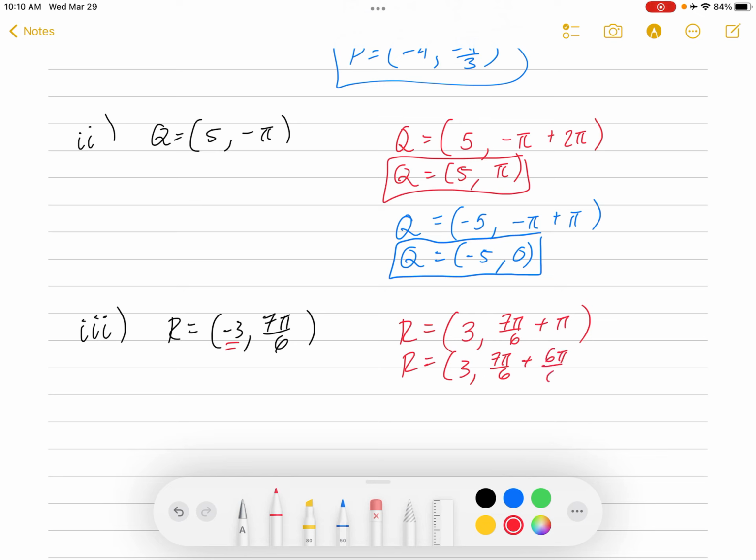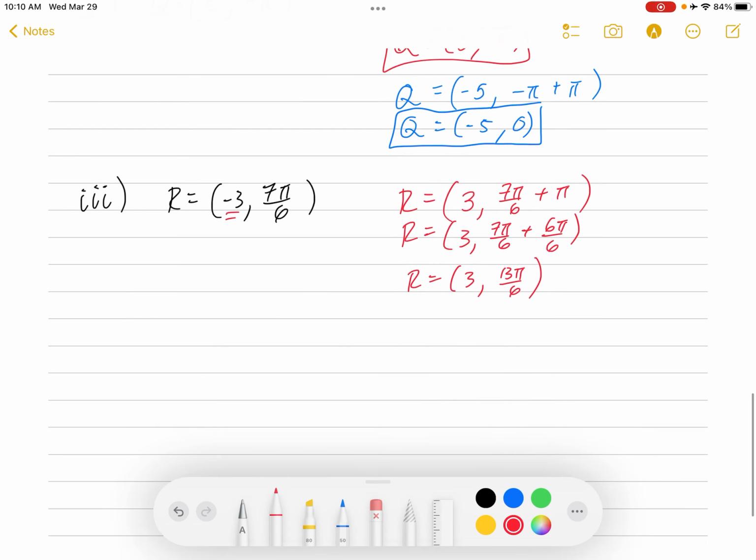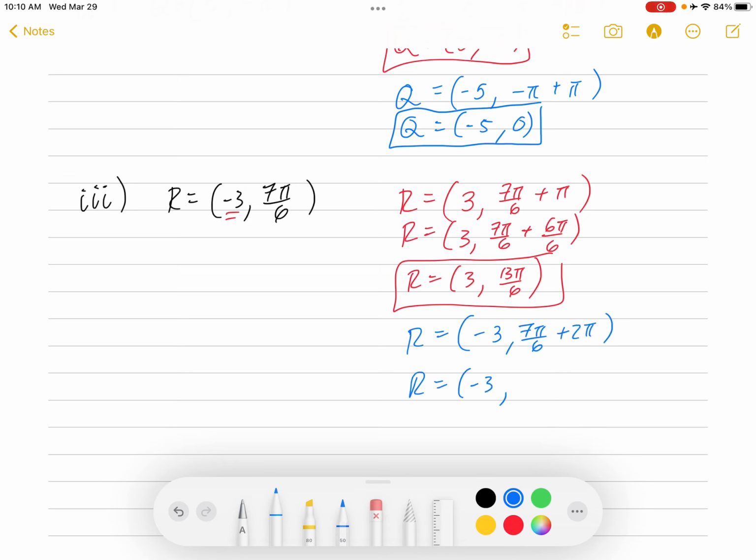That's 3 comma, so 7 pi over 6 plus pi is 6 pi over 6. So we got 3 comma 13 pi over 6, right? 7 pi plus 6 pi is 13 pi over 6. That's when little r is positive. If we want to maintain little r is negative here, we're just going to take 7 pi over 6. We're not changing the sign, we're going to add 2 pi to the angle.